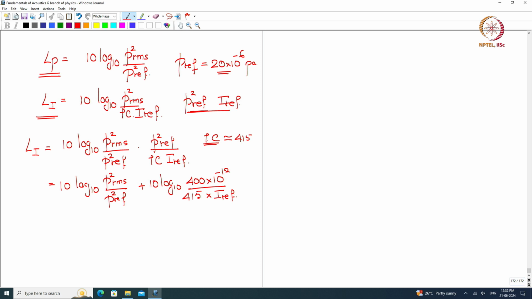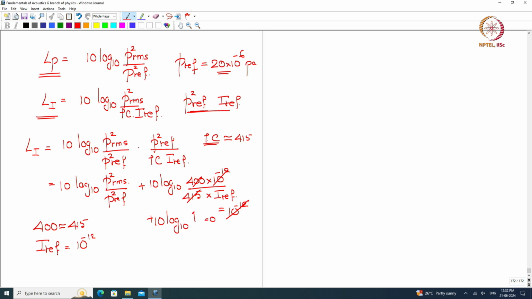Now if we take 400 to be close to 415 and I reference to be 10 to the power minus 12, then this 10 to the power minus 12 approximately cancels, so that I have 10 log to the base 10 of 1 approximately, which is 0.